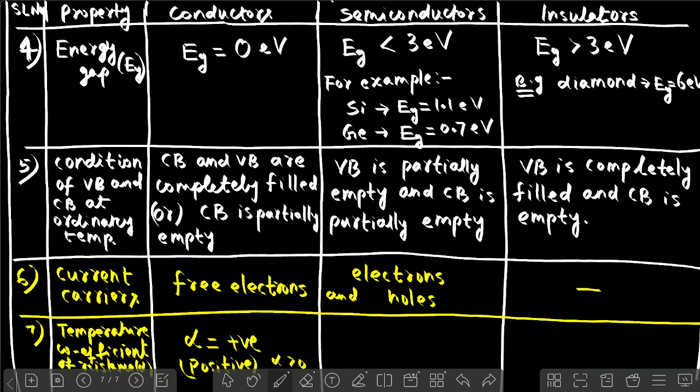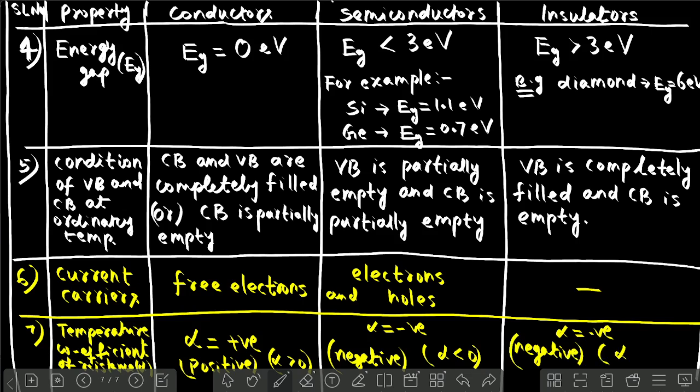Alpha is greater than 0. Here alpha is negative for a semiconductor. Negative means less than 0. Alpha is less than 0. And the same case for an insulator. Remember, alpha value is positive, negative, negative. For semiconductor and insulator, alpha value is negative.